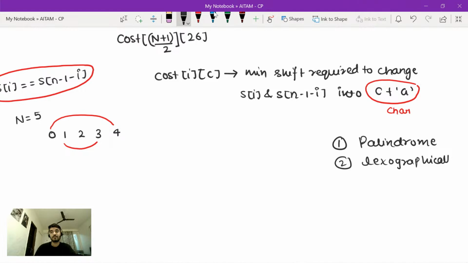So that's why I will first use all the k operations to convert the string into a palindrome. And if we are left with some operations, then I will use those operations to convert it into the smallest palindromic string.